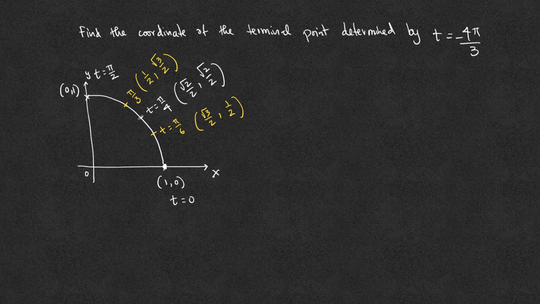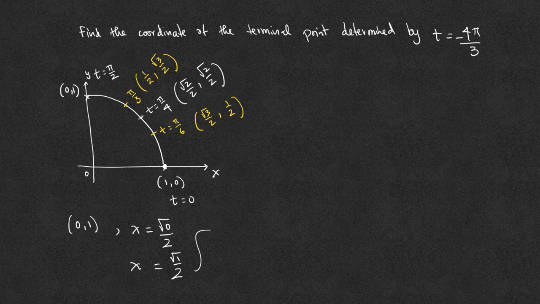The way to memorize these is to start with one point, either (0, 1) or (1, 0). If we start at the point (0, 1), think of this as x equals root 0 over 2, and then we go to the right. Each time we increase the numerator by 1, and so the next point has the x coordinate root 1 over 2. Root 1 over 2 is 1/2.